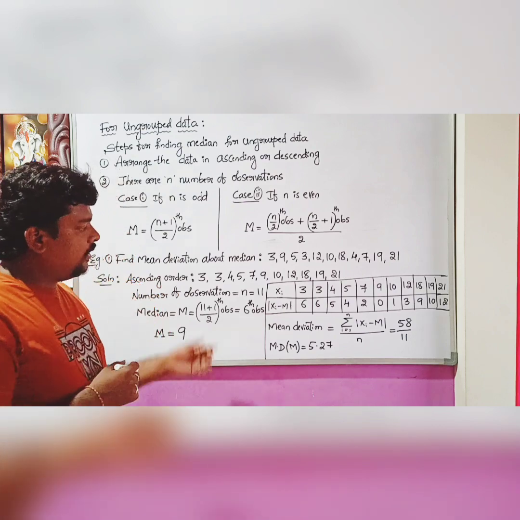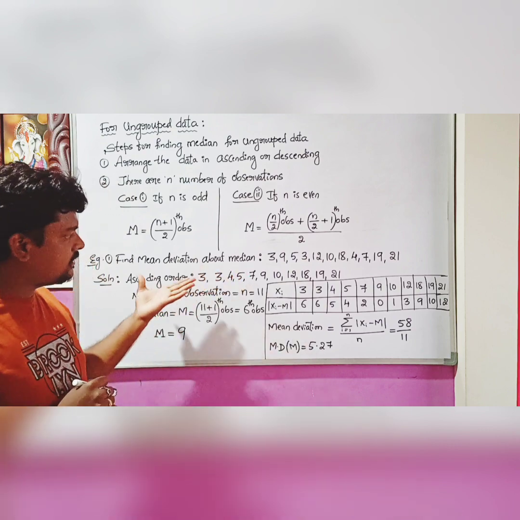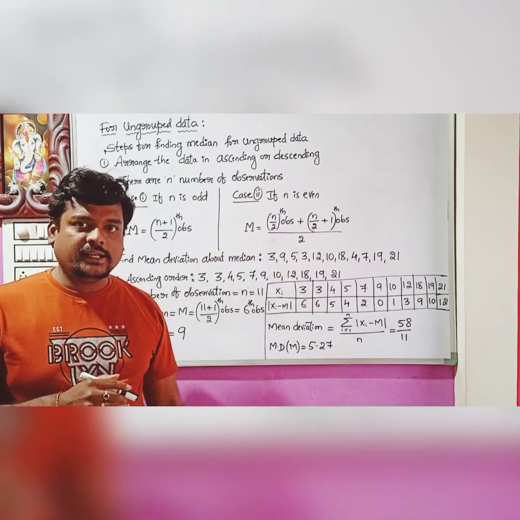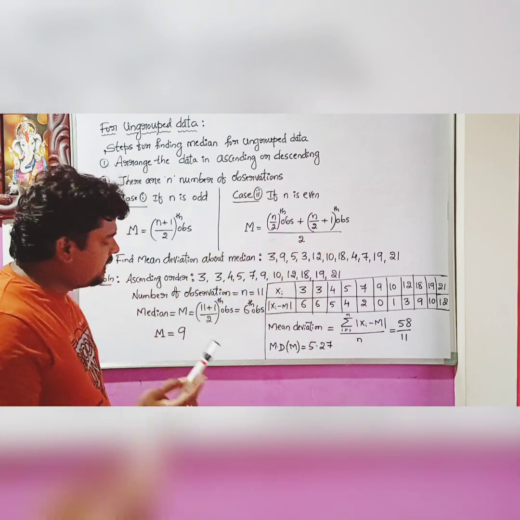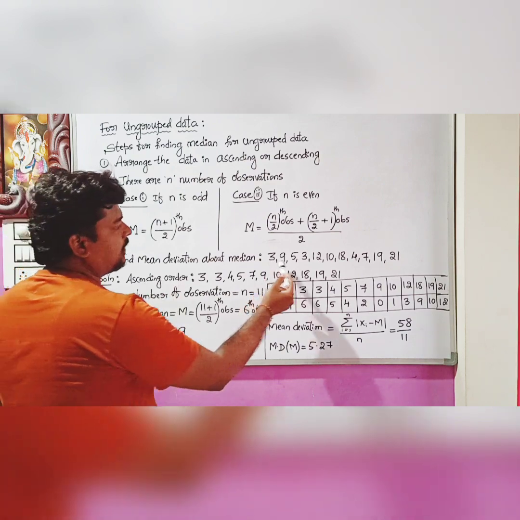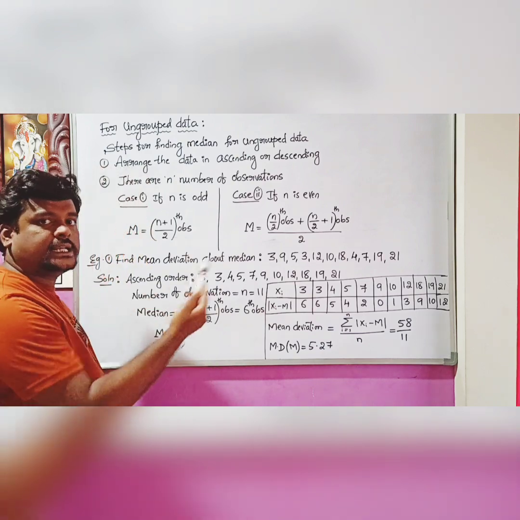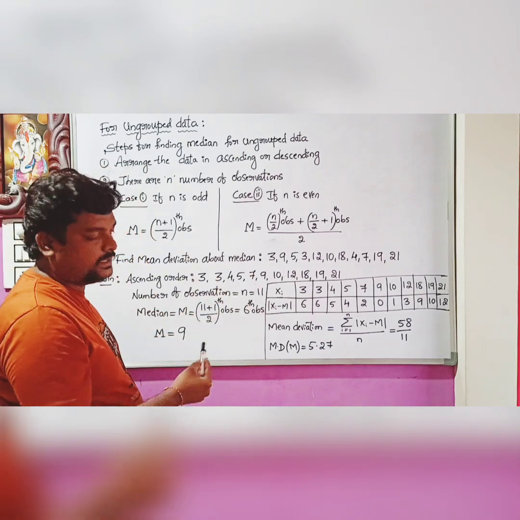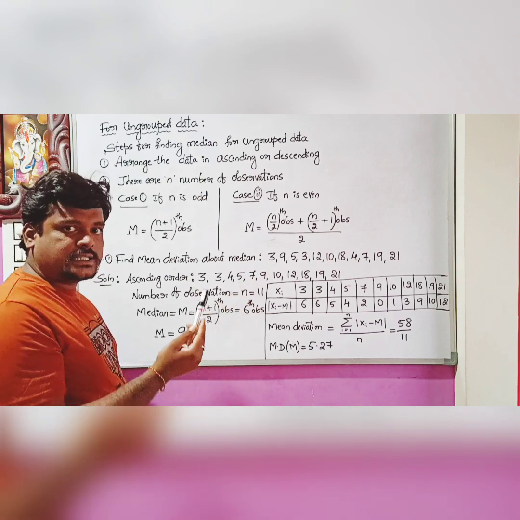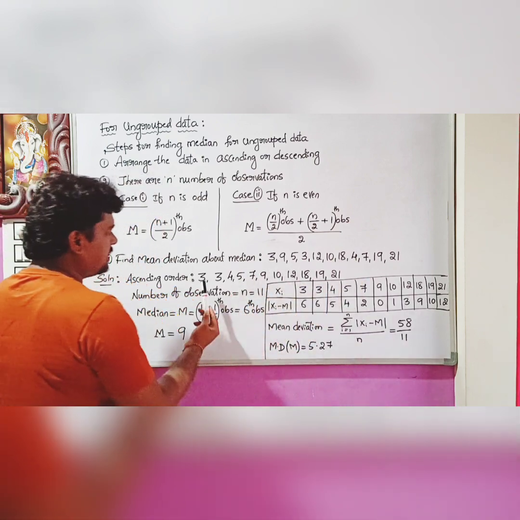How to find the median for ungrouped data? First we have to arrange the observations in either ascending or descending order. I arranged them in ascending order, meaning increasing order, so first I write the smallest one, which is 3.